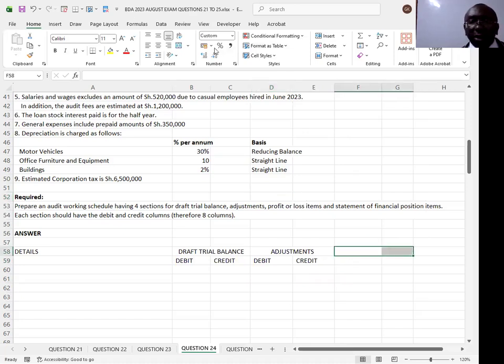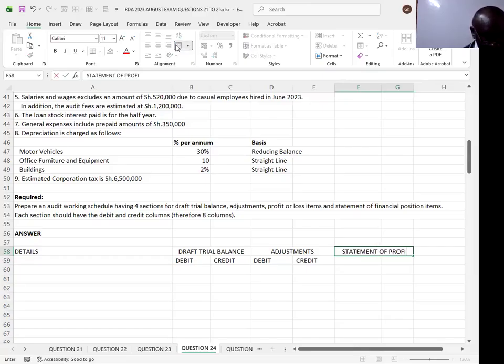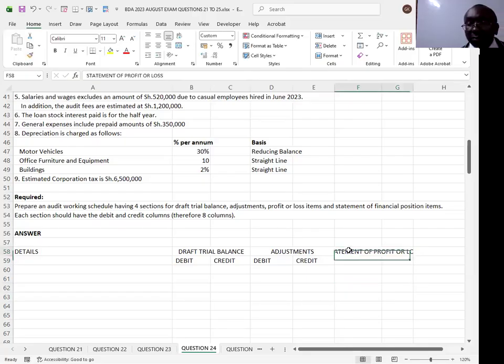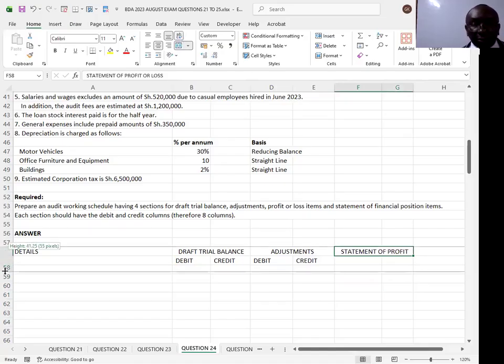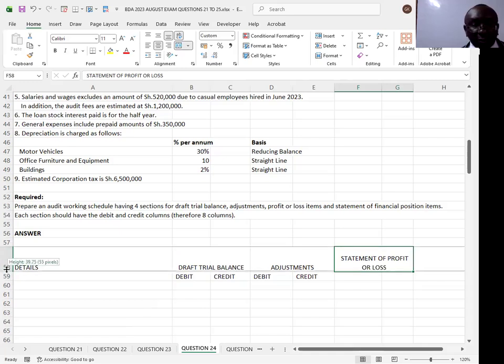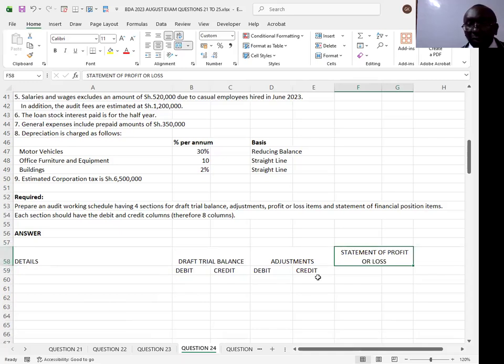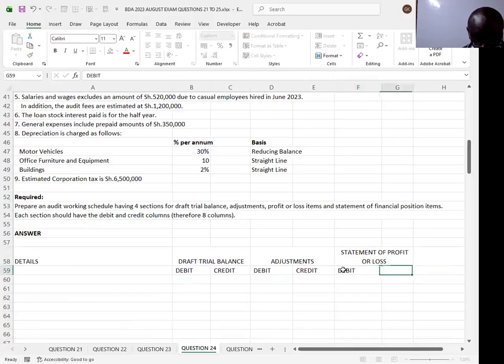Then I take 2 more here. Statement of profit or loss. Do text wrap. So here we have debit or credit.